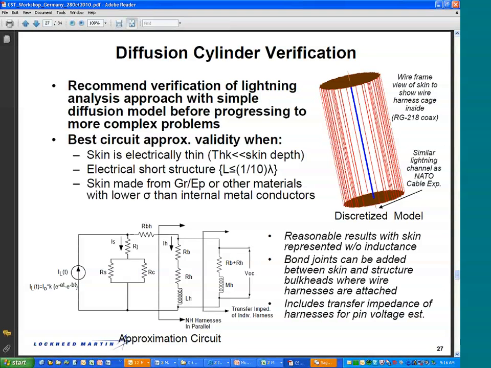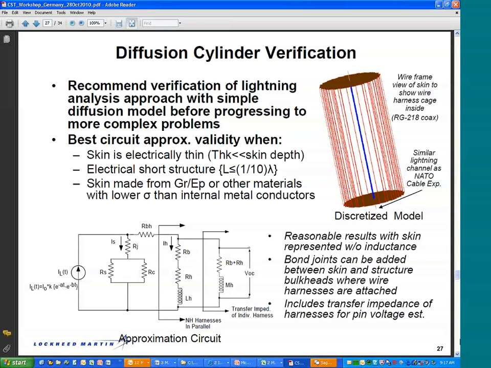And then on the right-hand side, in parallel with the skin, you may have some coatings. Maybe you did some mitigation for lightning, and you had some conductive layup or astrostrike or some other material or paint systems with some conductivity. So that you have your wire harness bonding, RBH, and then you're going through a wire harness path, or this could be a tube, a fuel line, or something like that, and you have the resistance of that harness or that tube that's inside that structure and the inductance of that tube.